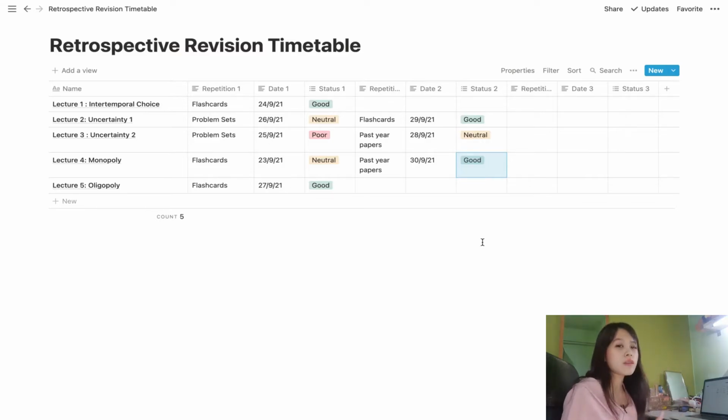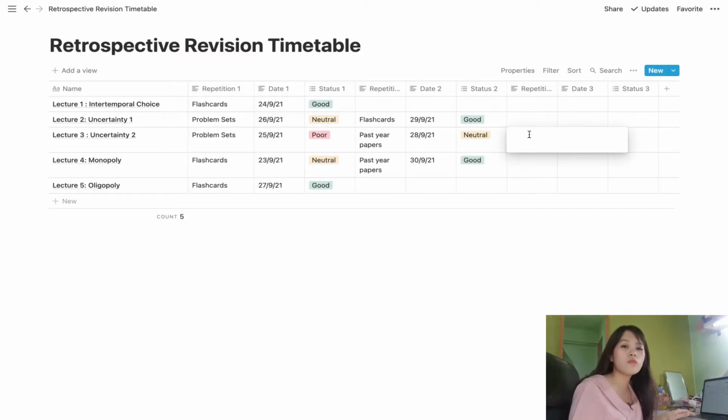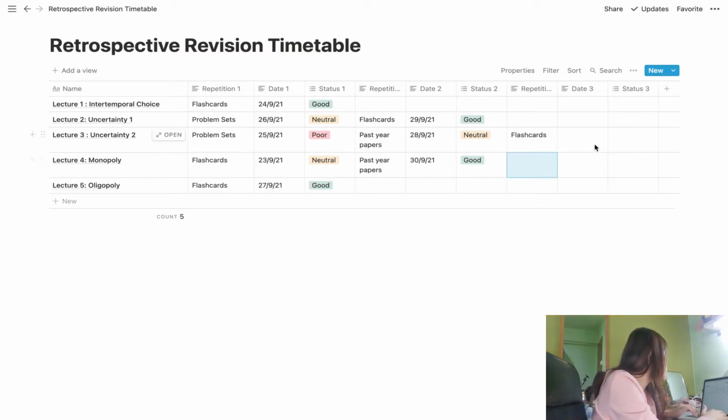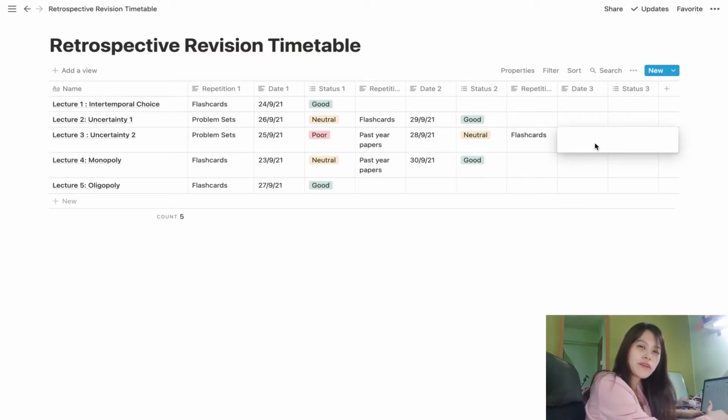And the final chapter left is Lecture 3. So maybe now I will do flashcards as a last step to reinforce what I have learned and test myself using these questions. So down here, flashcards. And is there even a 31st September? I believe no, right?